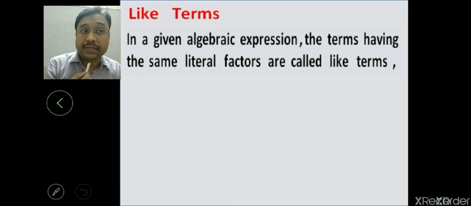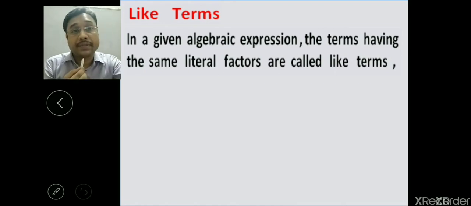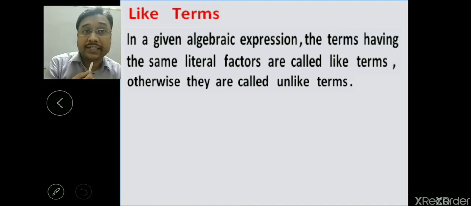So in algebraic expressions, the terms having the same literal factors are called the like terms. So very clearly I have said here that same literal factors means the literal factors with their exponents should be same. Then only you will say that they are forming the like terms. Otherwise they are called the unlike terms.